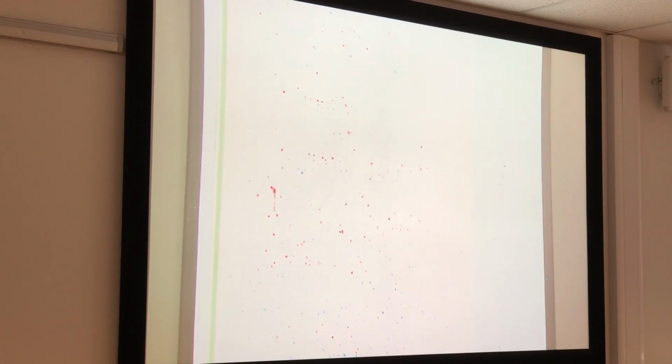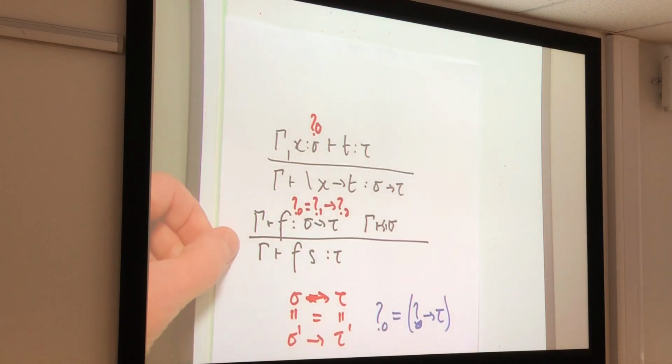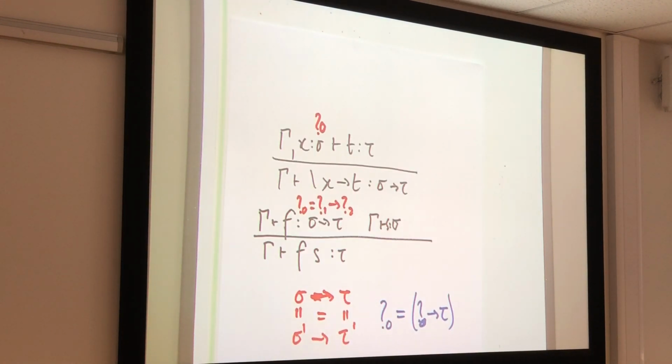So let's see what we had. Right. Quick recap. I wrote down these 2 rules, which are the whole of the problem with figuring out types for lambda terms.